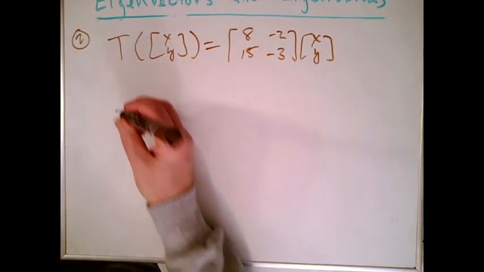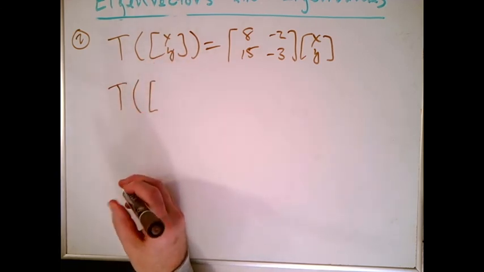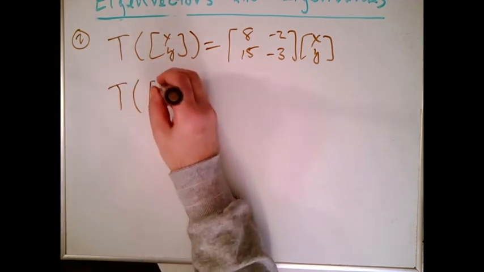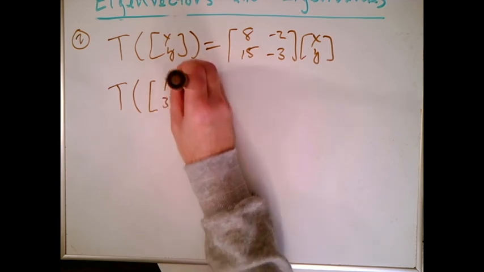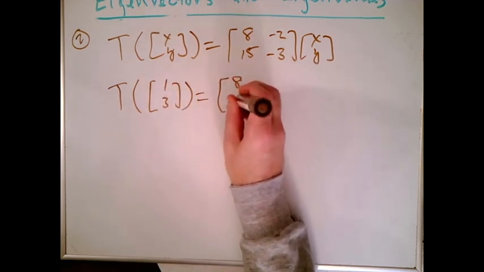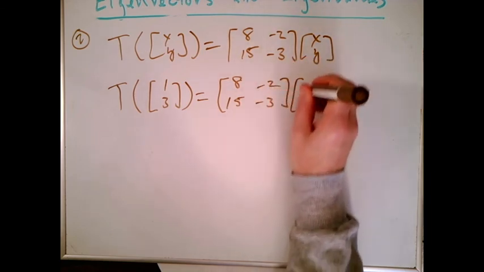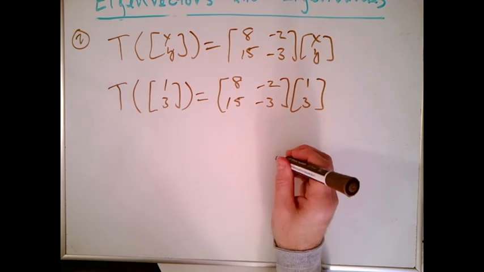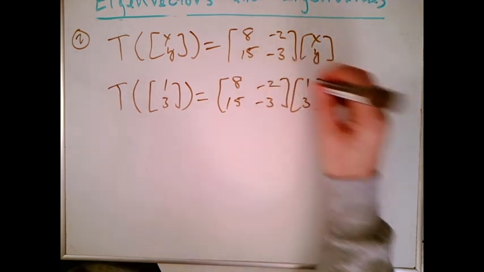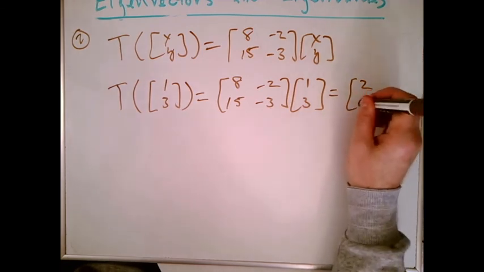For example, if I take the linear transformation T and I try to plug in 1, 3. Well, I know what I'm supposed to do here. I'm supposed to take 8, 15, minus 2, minus 3, and plug in 1, 3. And what we're going to get is 8 minus 6, that's 2, and 15 minus 9, that's 6.